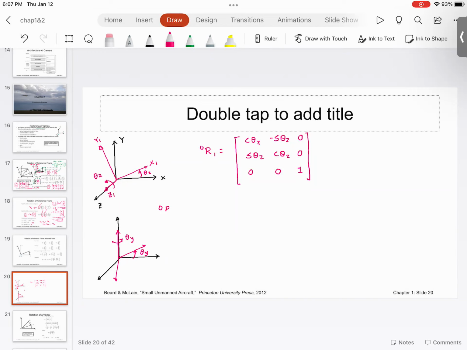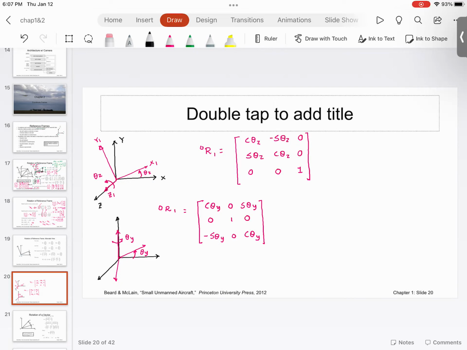Again, the 0, 1 rotation about y is given as cosine theta y, 0, sine theta y; 0, 1, 0; minus sine theta y, 0, cosine theta y. And please understand, these are the rotation matrices that we studied in robotics 1.